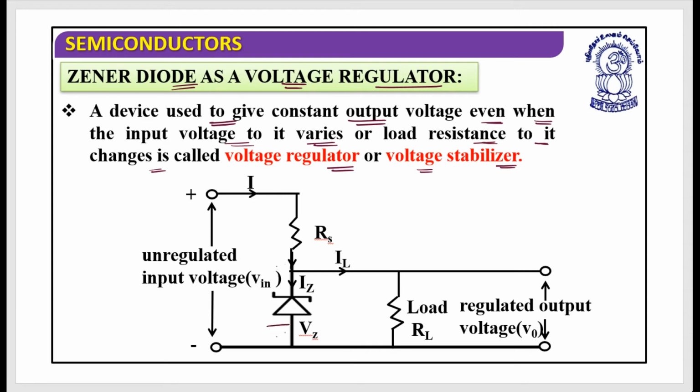This is the Zener diode, and the voltage across it is known as the Zener voltage. A resistance connected here we call RS, and another resistance is the load resistance, across which the output is collected, which we call the regulated output voltage.